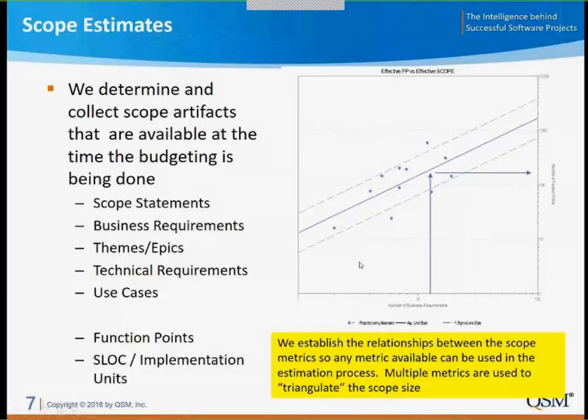It becomes an algorithm: if we know the number of business requirements, we can predict a number of function points, or a number of lines of code, within a certain range of uncertainty. And if we can do that for one or two or three of these different metrics, it gives us a better handle on the scope that has to be built. And we're working with units that both the business understands and the technical team understands.